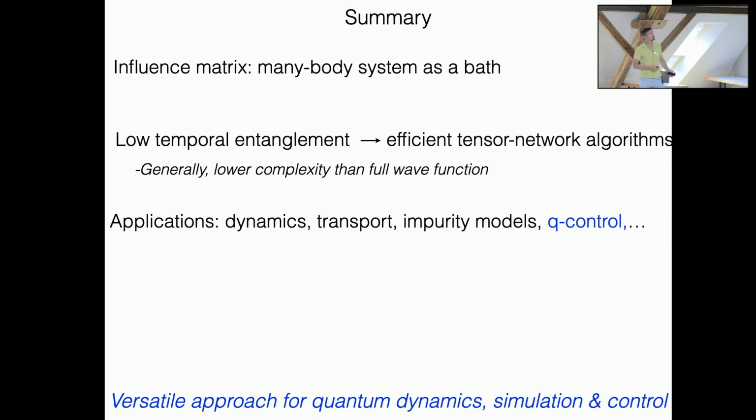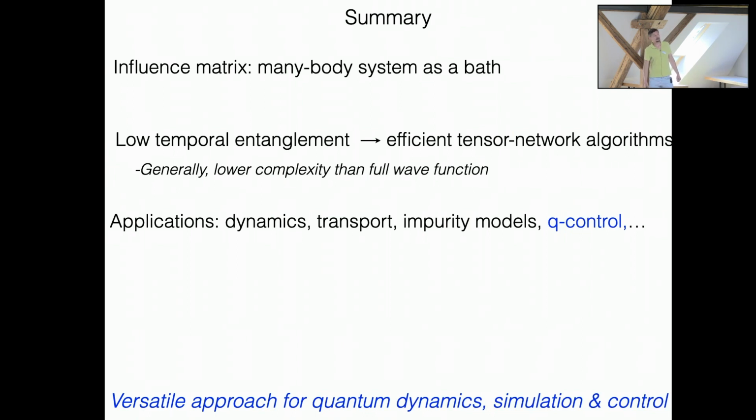So I described to you this view of quantum many-body dynamics problems, where you view the system as a bath, and then you work with its influence functional. And the complexity of it is determined by temporal entanglement. And in many cases, as I tried to argue, you can compress it very efficiently using tensor networks.